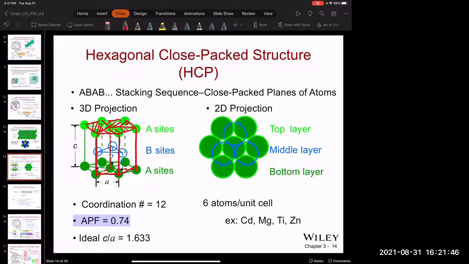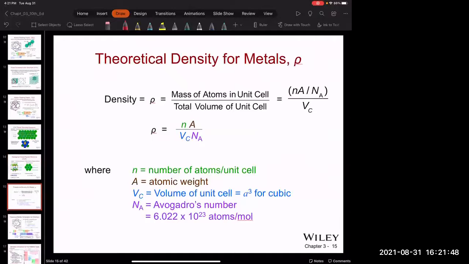Okay, so in the lab, again, we are going to do the calculation for each one of the structures. One of the calculations you have to do for your homework is to find the theoretical density of a metal. Most metals will be either BCC, FCC, or HCP. To find the density, you need to know what the unit cell is. So how do you define a unit cell?